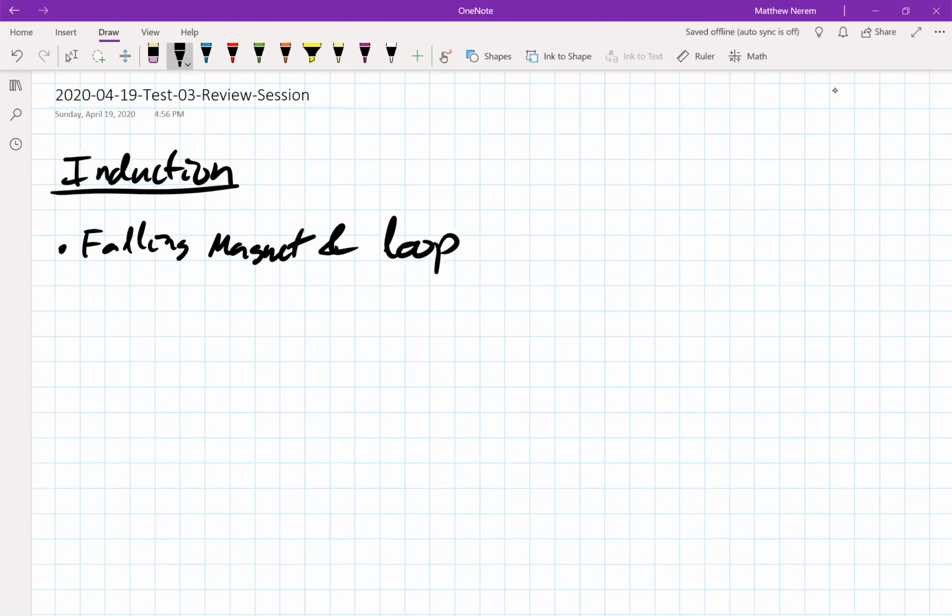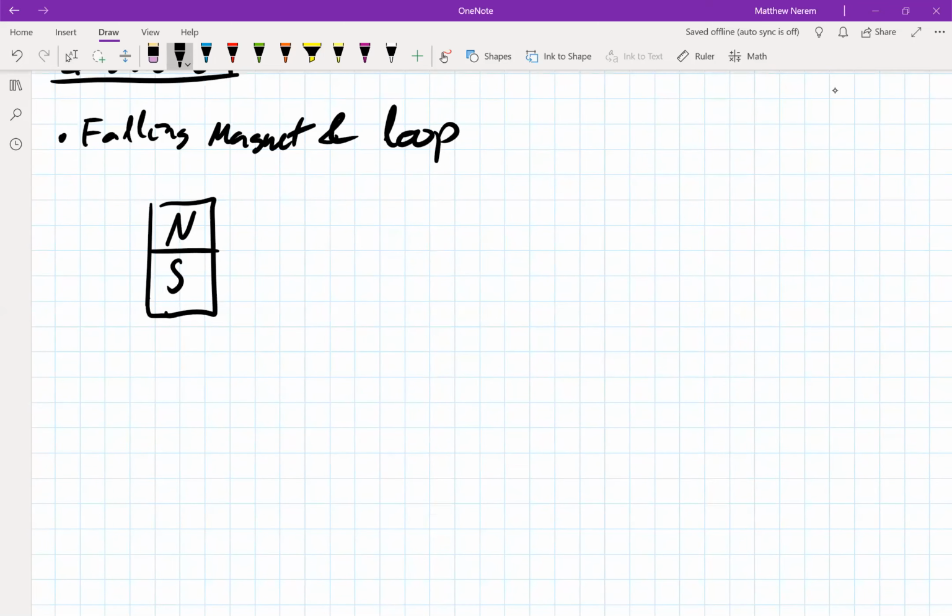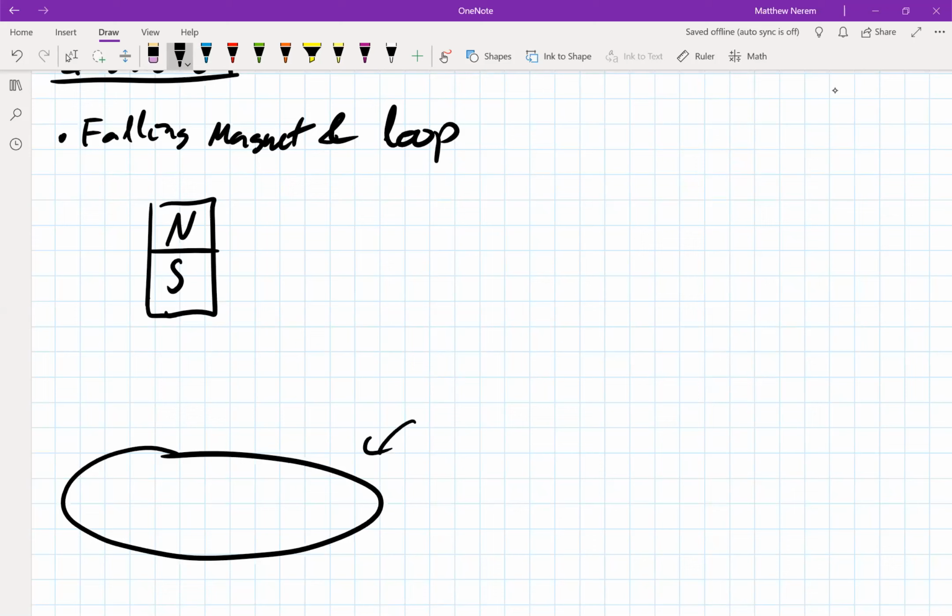We're going to have a north-south magnet oriented this way, and just a solid loop here. We're going to look at three cases and figure out the induced currents in this problem.